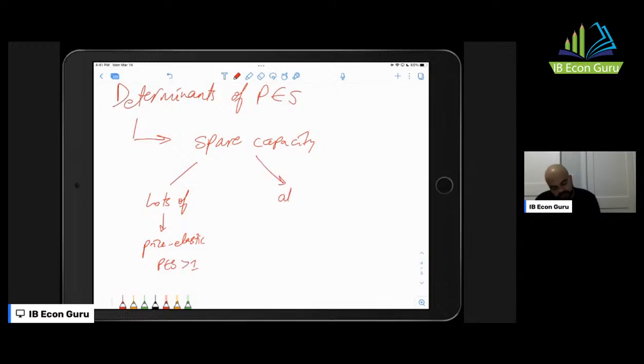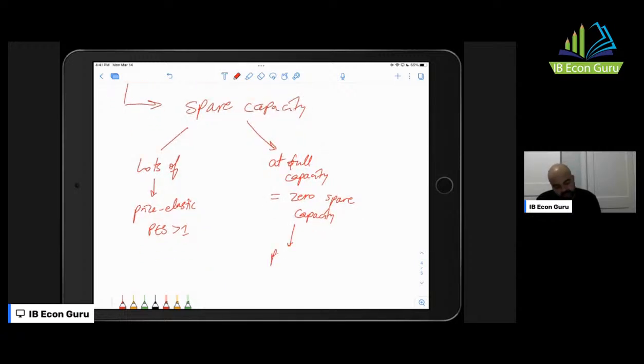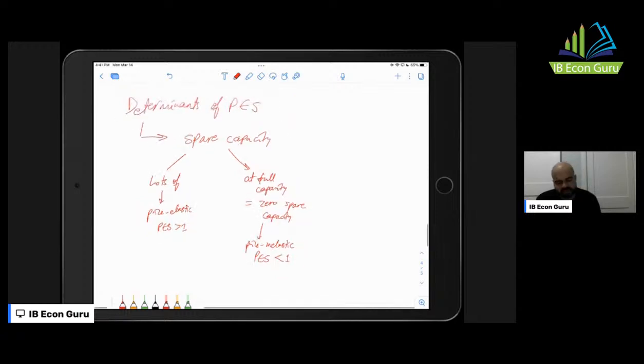If the producer is working at full capacity, which basically means 0 spare capacity, supply will be very price inelastic, maybe even perfectly inelastic. PES will be less than 1 because the producer is working at full capacity.